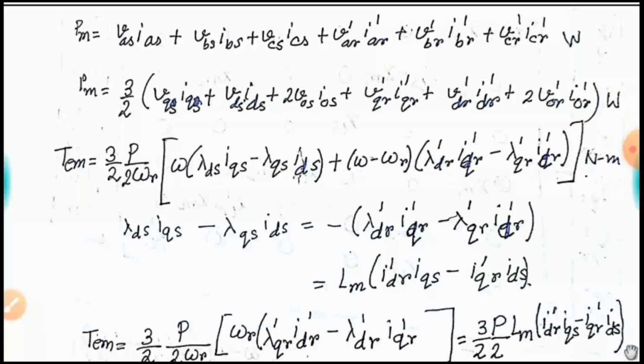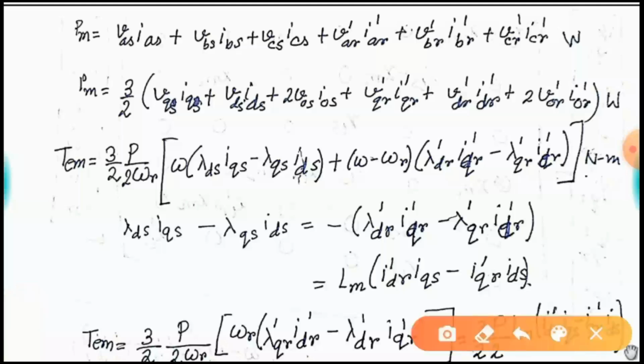When these two, flux and current, are in quadrature, then only can they produce torque, right? Even if they are not in quadrature, the closer we keep them to 90 degrees, the higher the torque we'll get out of them.